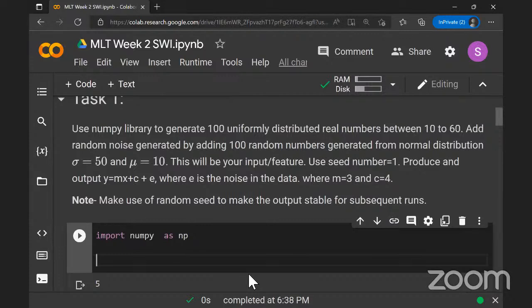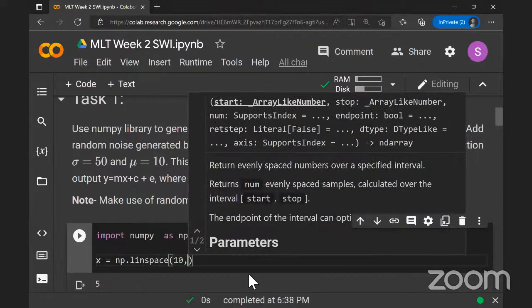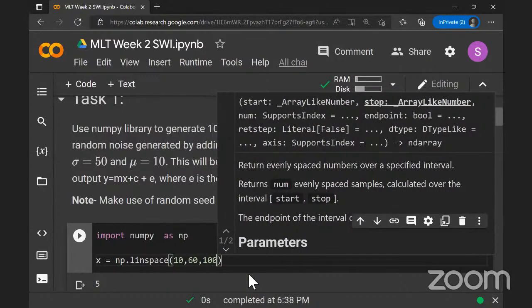So let's call it x equal to numpy dot linspace 10 comma 60 comma 100. That means I want 100 numbers starting from 10 ending at 60, both inclusive.